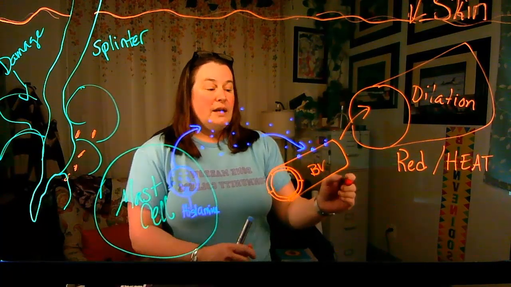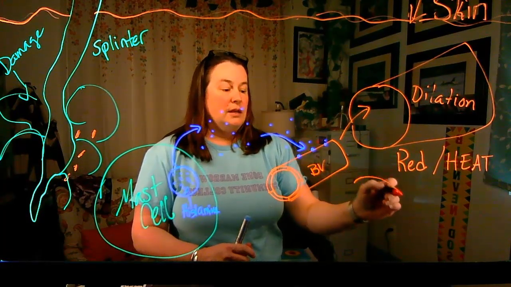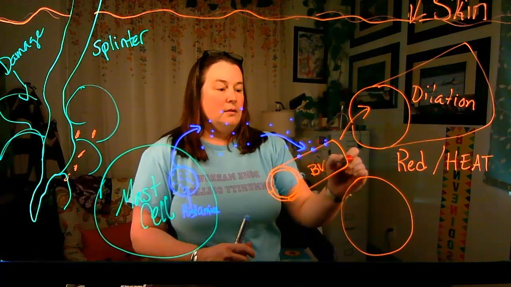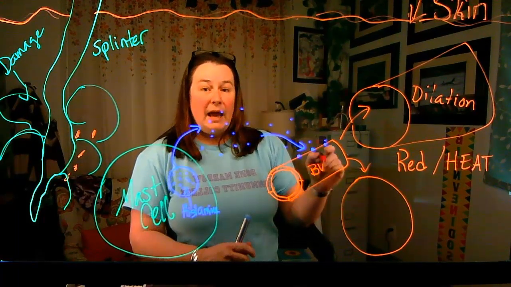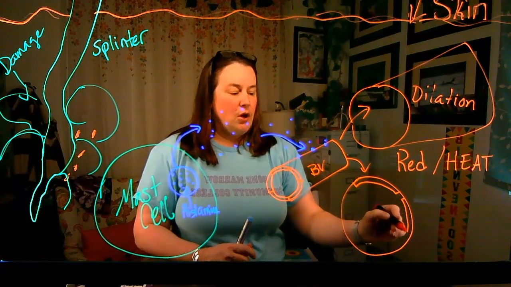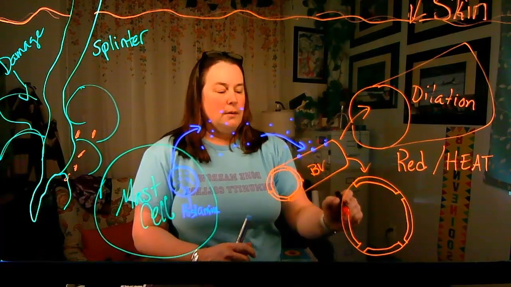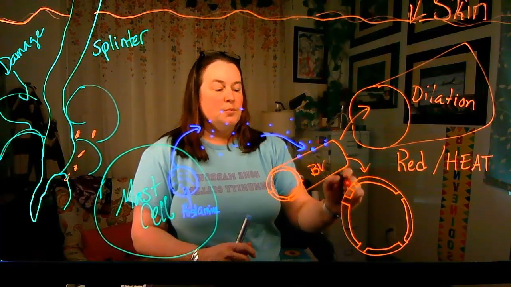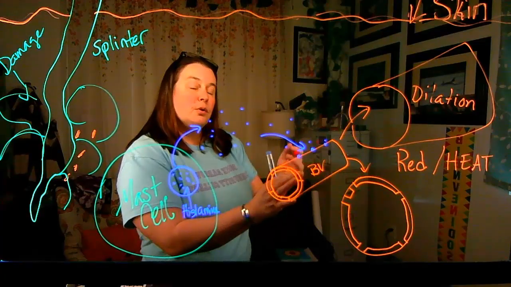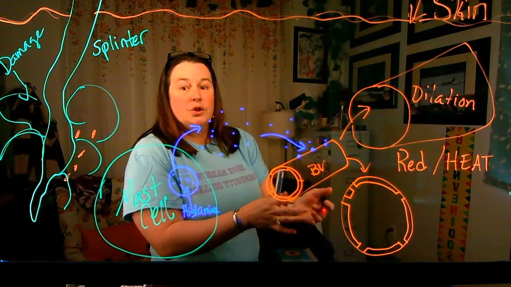So as this vasodilation has increased in size, the gaps, the spaces between the simple squamous cells, also enlarge. We call that an increase in permeability. So this organ becomes more permeable to molecules being able to leave.